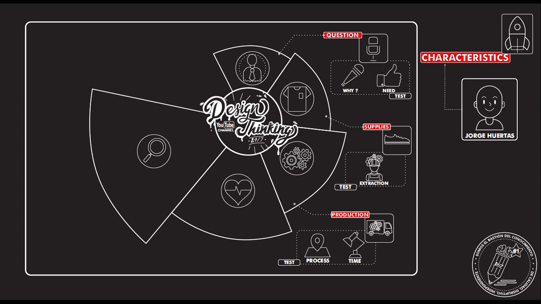So it's extremely important that you know everything: time, process, and the impact on the environment. If you know that, you will have a different perspective, and perhaps you don't want to develop that with that kind of process.